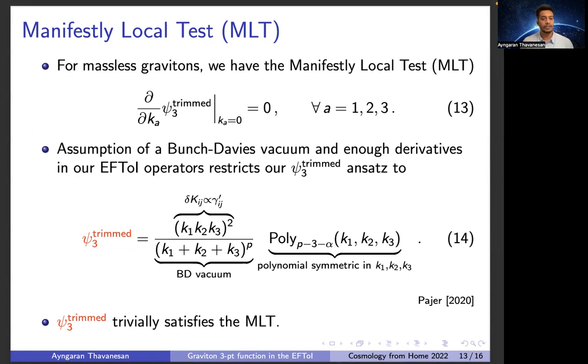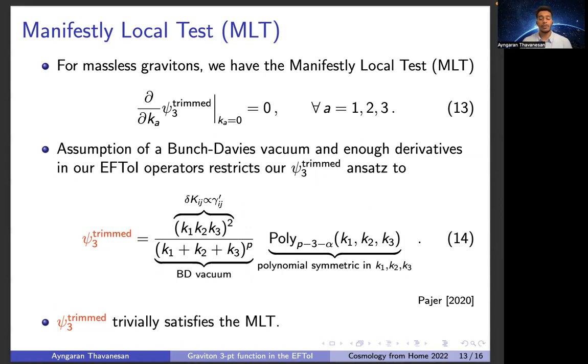However, in our EFT of inflation operators, there are too many derivatives for log divergences to arise, and the fact that each gamma is differentiated at least once is enough to rule out e to naught equals naught poles in the wave function. For our interest, we can therefore restrict the trimmed wave function coefficient to be a rational function with poles only occurring when k1 plus k2 plus k3 equals 0, as shown in equation 14, where P is a polynomial of degree p minus 3 minus alpha, symmetric in the energies.